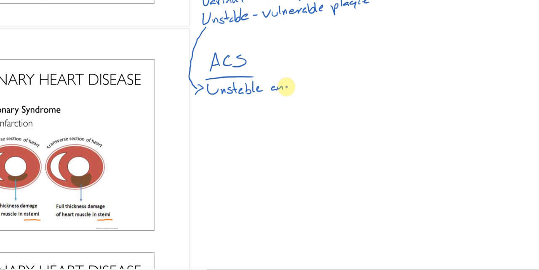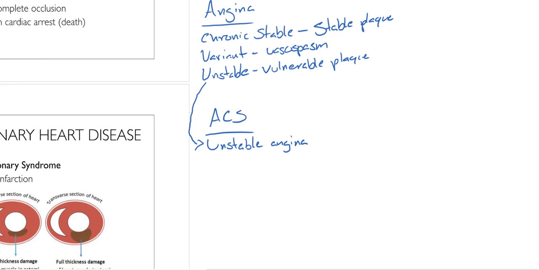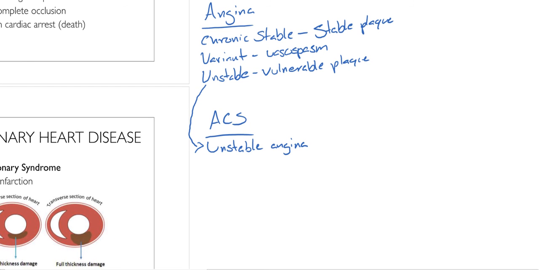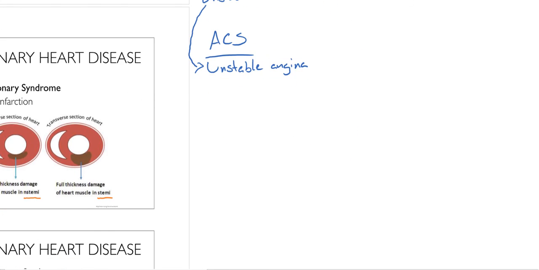So unstable angina is kind of part of two different groups. In addition to that, we also have NSTEMI. My handwriting is awful with this pen. And STEMI.